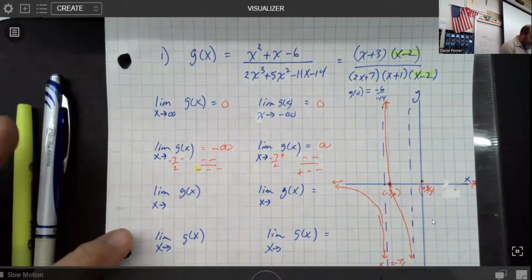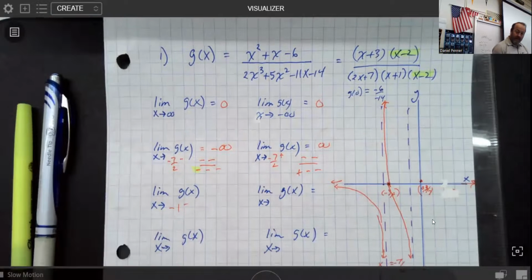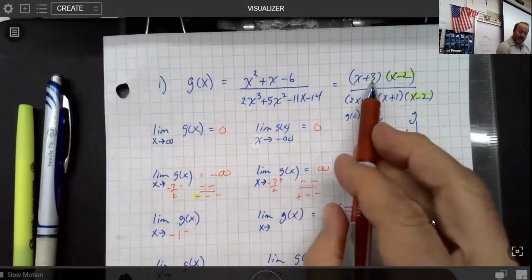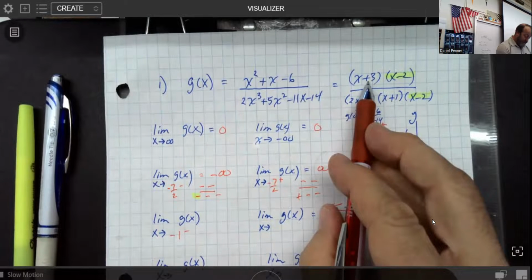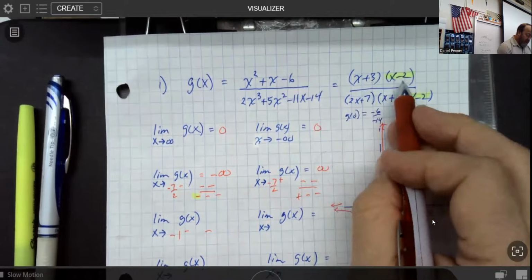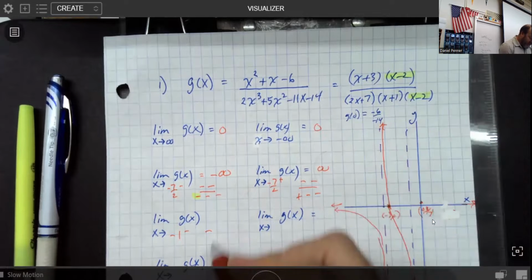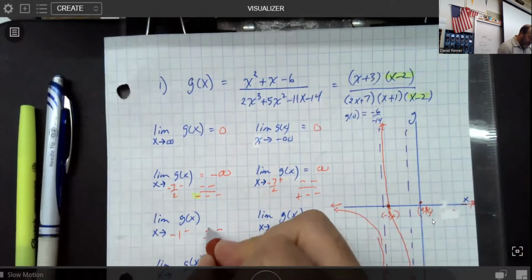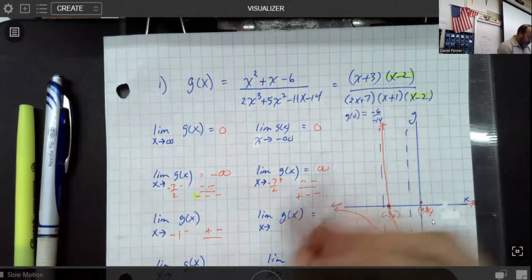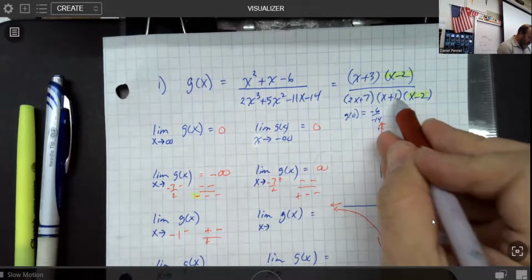So let's see what happens as I get close to negative 1 from the left side. So if I tried negative 1.1, this value would be positive. Negative 1.1 plus 3, negative 1.1 minus 2 is also going to be then a negative. Sorry, that was a positive. Negative 1.1 times 2 plus 7 is a positive. Negative 1.1 plus 1 is a negative.